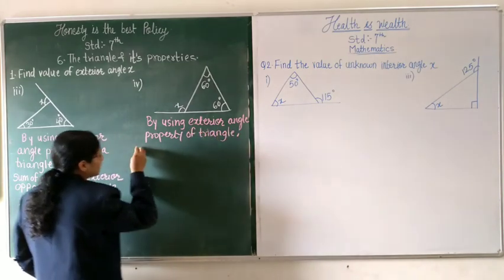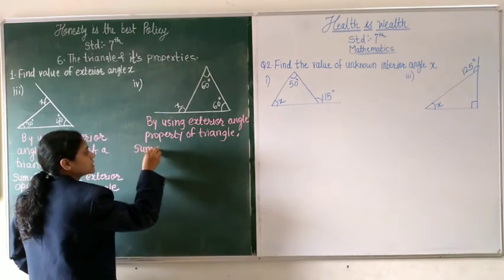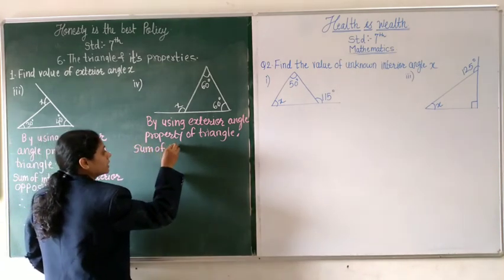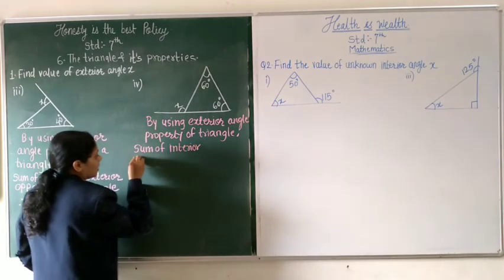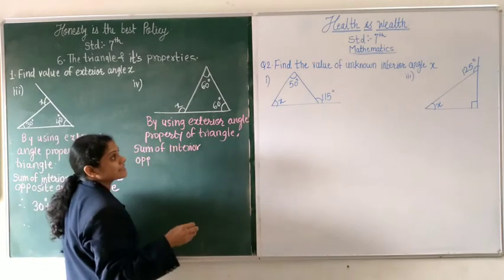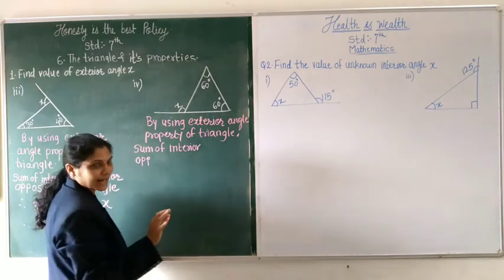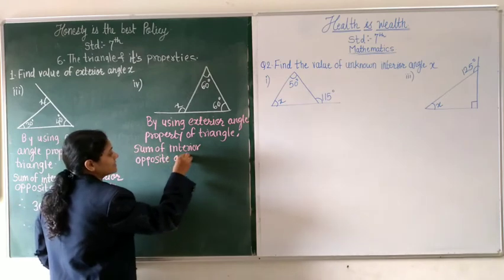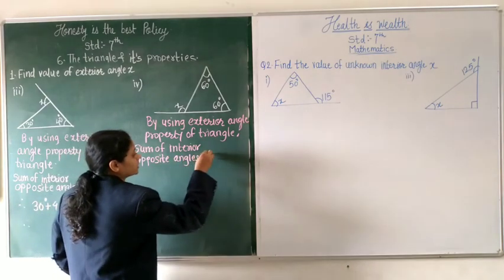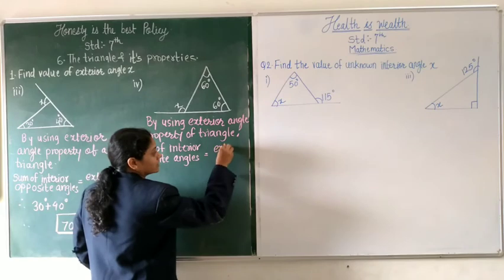What is the property? Sum of interior opposite angles, or you can also write sum of opposite interior angles, is equal to the exterior angle.